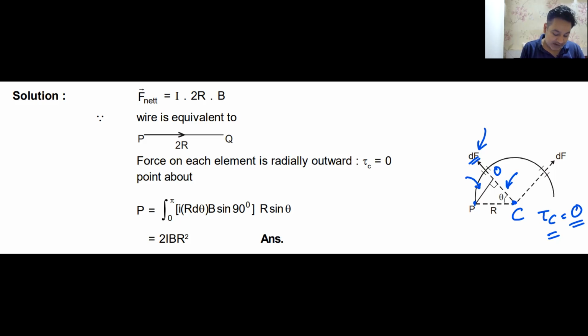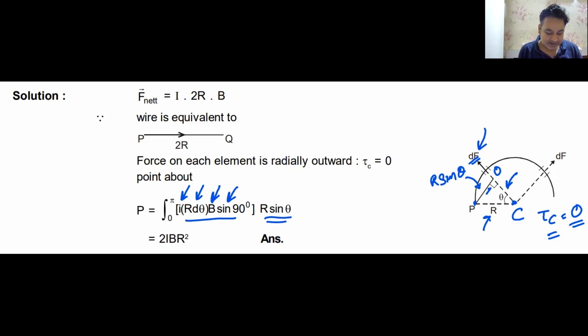This force is I into length, which is R d theta, into magnetic field, into sine of the angle between the current carrying element dL and B, which is 90 degrees. Do we understand this? This is the small force dF. This is R, this is perpendicular, so this distance becomes R sine theta.